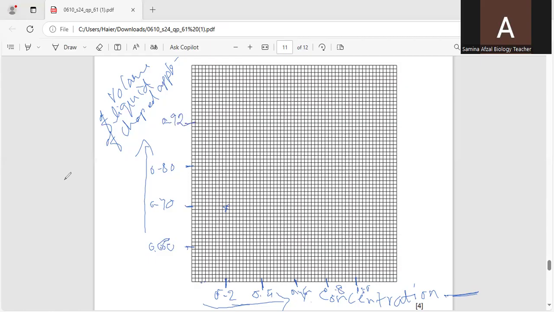At 0.4 it is 0.77, so 0.77 can be here. And then 0.81. I'm telling you again and again that I'm only giving you the idea, because it can be drawn properly on paper.